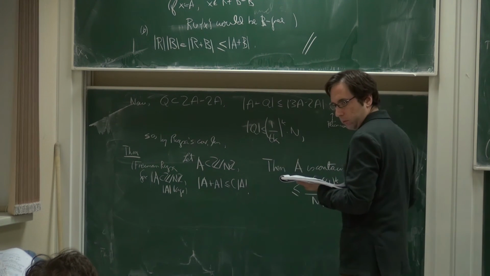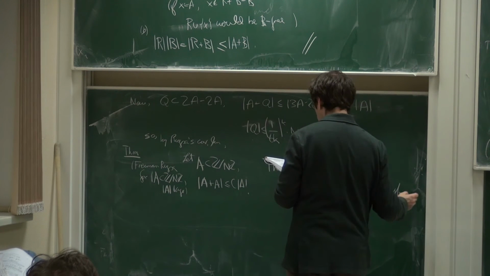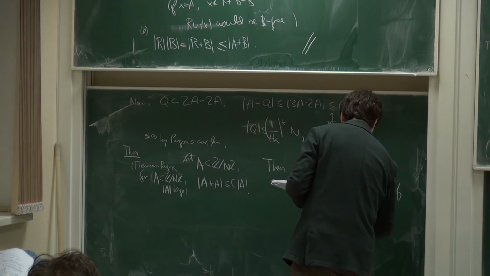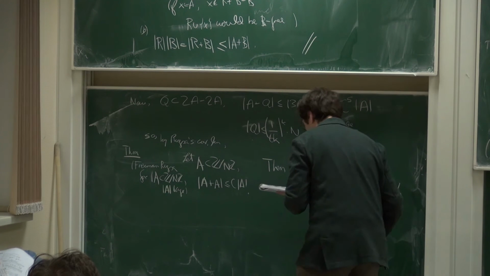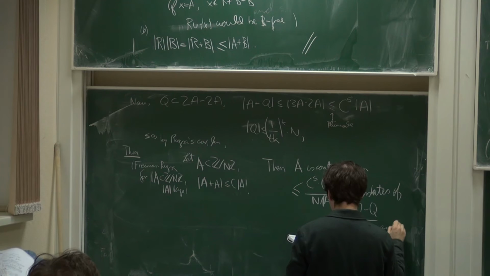By translates I mean cosets of Q minus Q, which is a proper arithmetic progression.